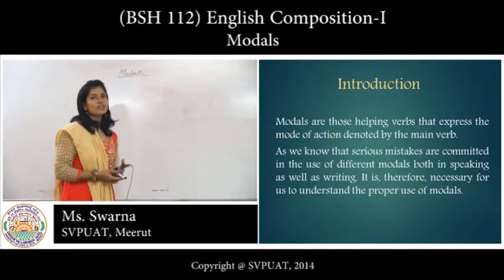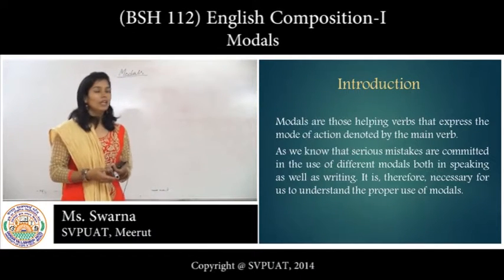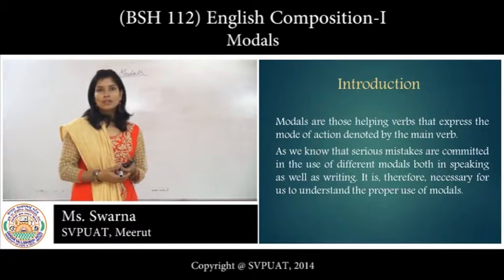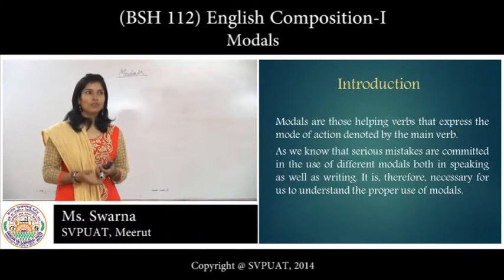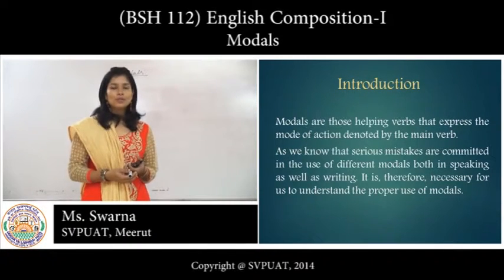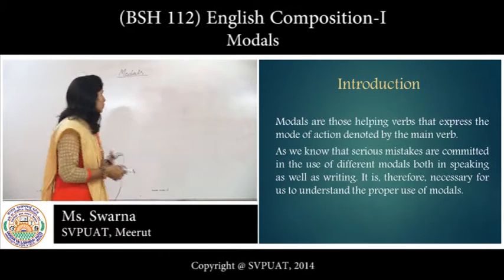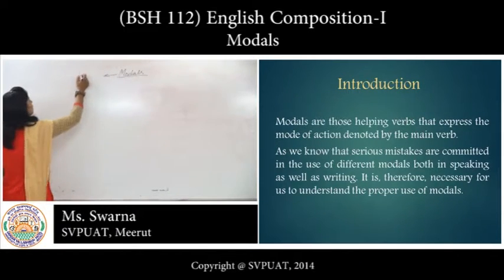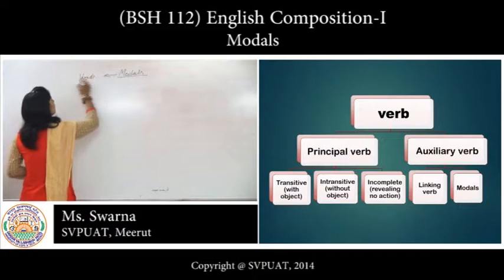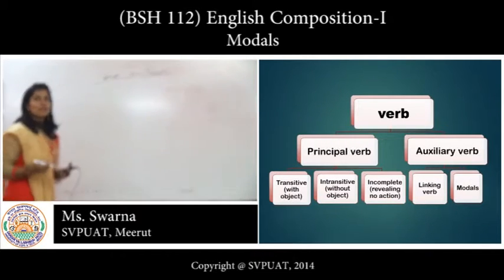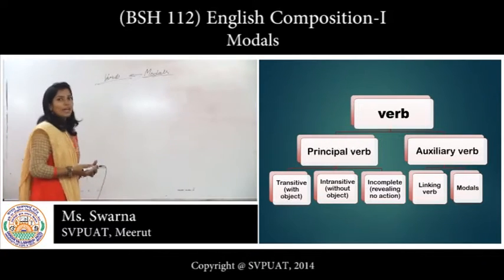So first we should know the meaning of modals and the proper use of modals in a sentence. So modals are part of verbs. As we know, verbs have two types.